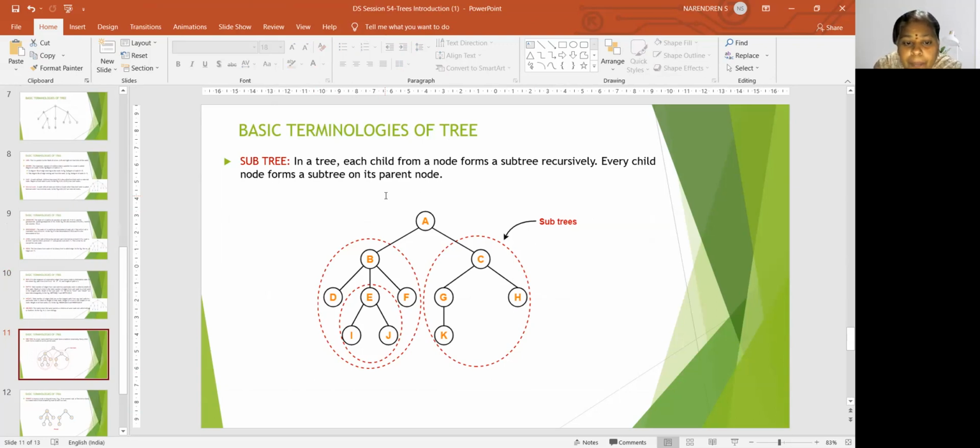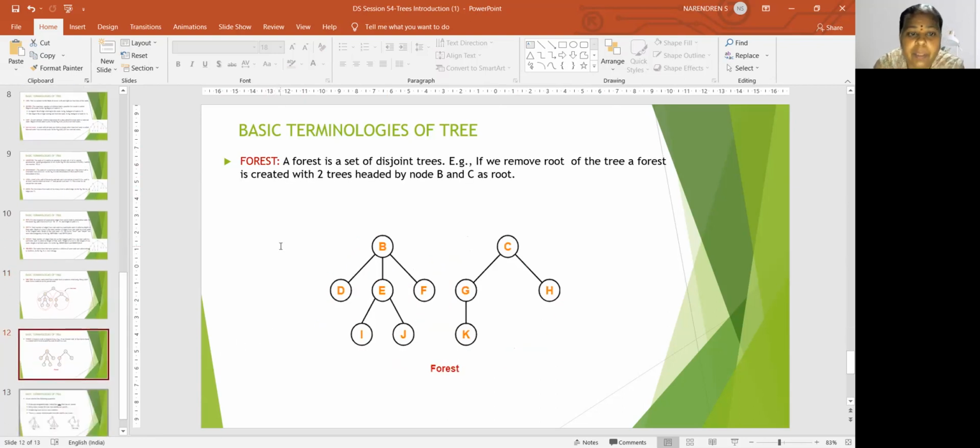Like taking B from A, B will have D, E and F. Then if you take the subtree at E, E will have I and J. So this is a recursive thing. Subtrees are nothing but partitions of the major tree.